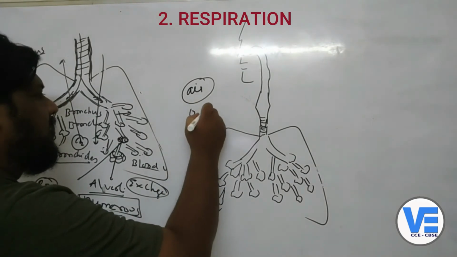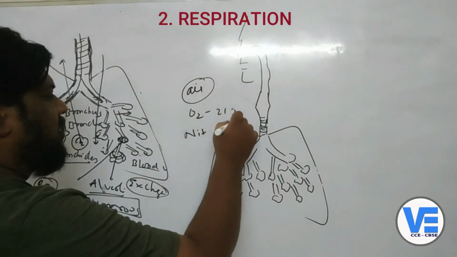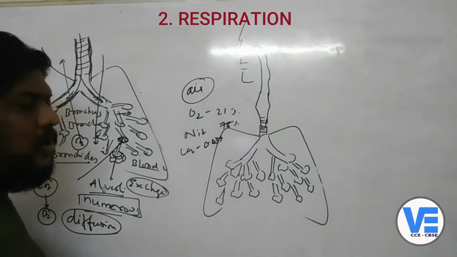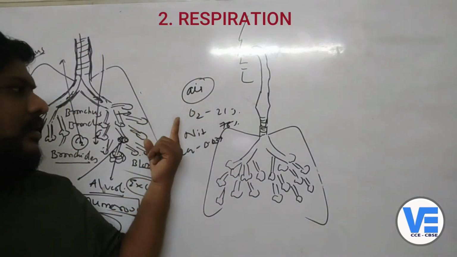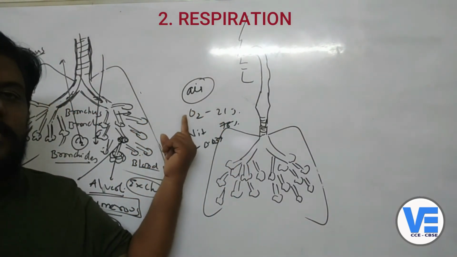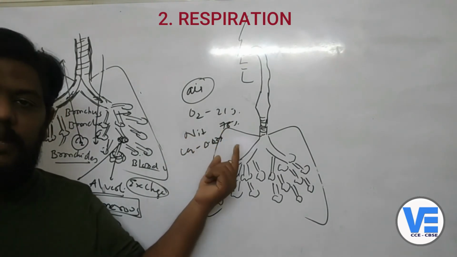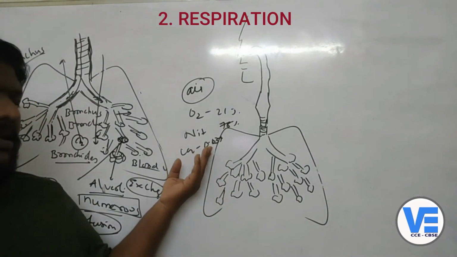It has oxygen which is 21%, nitrogen which is 78%, carbon dioxide is 0.03%. I'm talking about the complete air over here. Nowadays we say it as 0.04% of carbon dioxide.